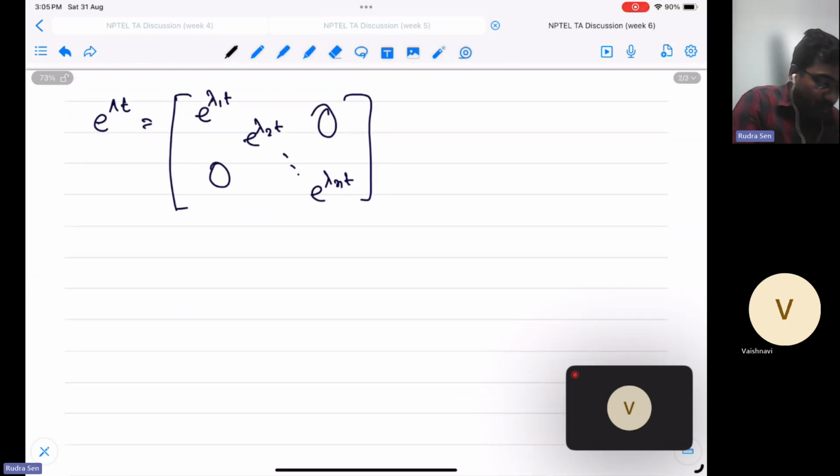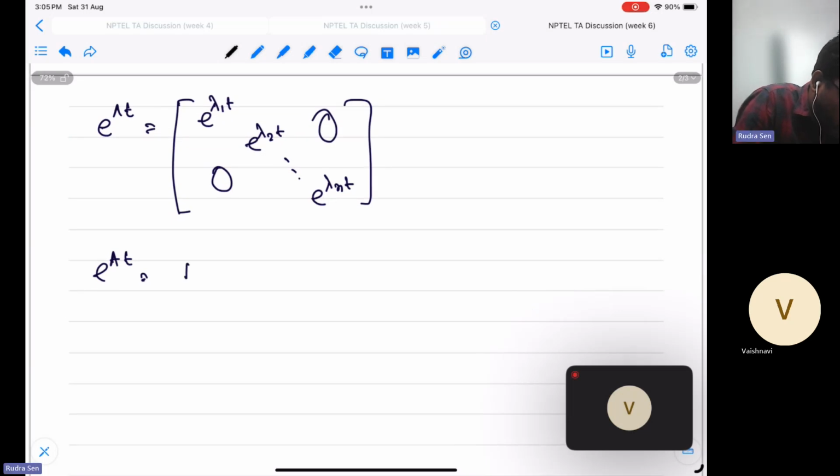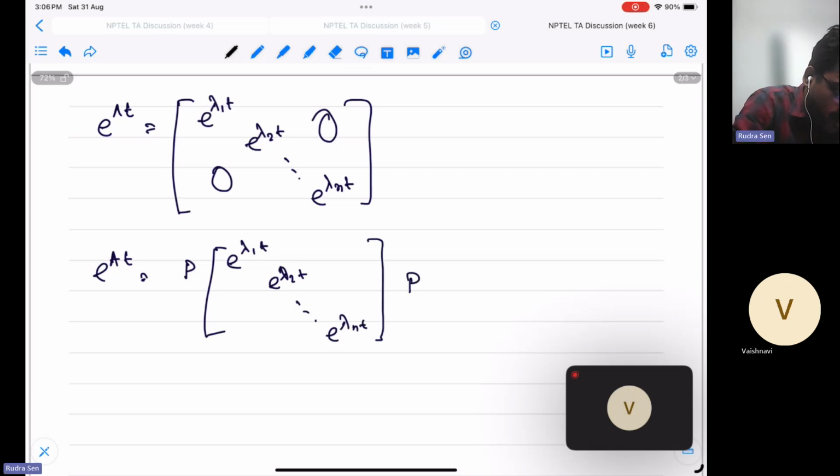Therefore, e to the power At is very easy to find, because we know how to find the P matrix: it is just the linearly independent eigenvectors of the matrix, put into the columns of P. Then the diagonal matrix e to the power lambda 1 t, lambda 2 t, up to lambda n t, and then P inverse. So the calculation is very easy.